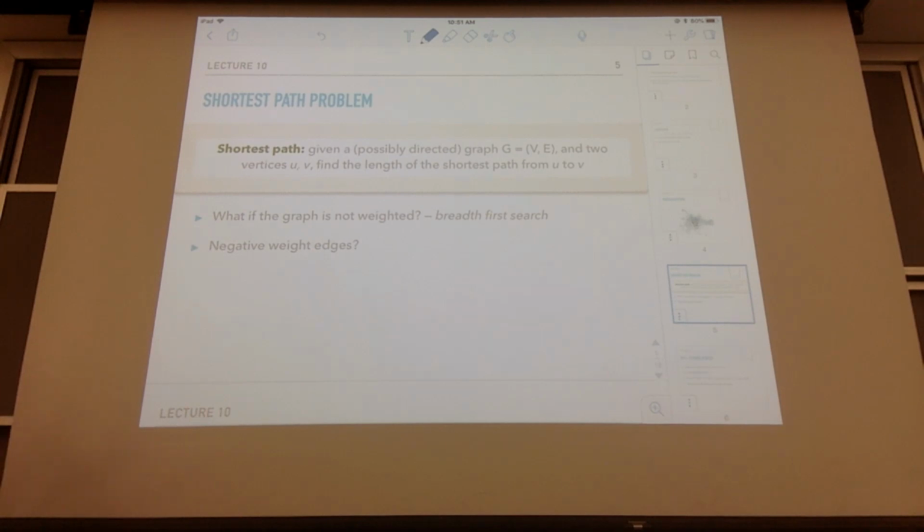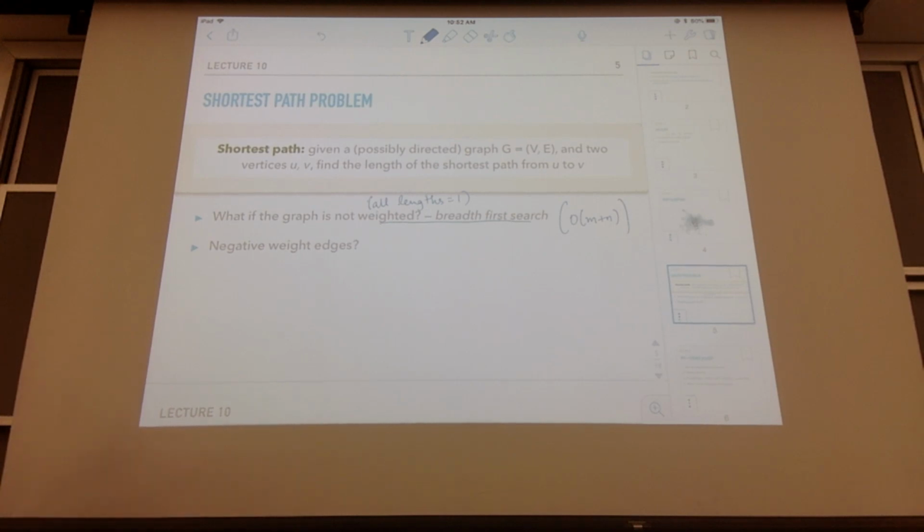And of course we said that if the graph is not weighted, meaning all lengths are 1, you just use breadth first search. This takes time O(n + m), so breadth first search is linear in the size of the graph.